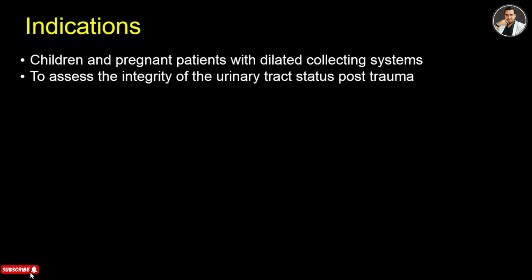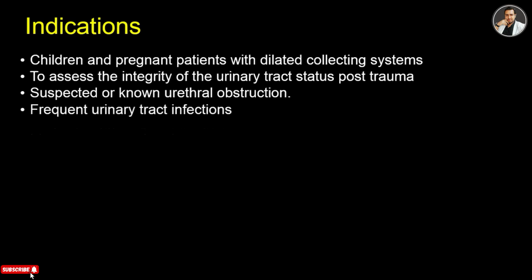So post-traumatic status after any violence or any accident, the patient may injure his kidneys or bladder, and MR urogram can assess this. Suspected or known ureteral obstruction. So any ureteral obstruction due to stone or due to any stricture or tumor, MR urogram is best.